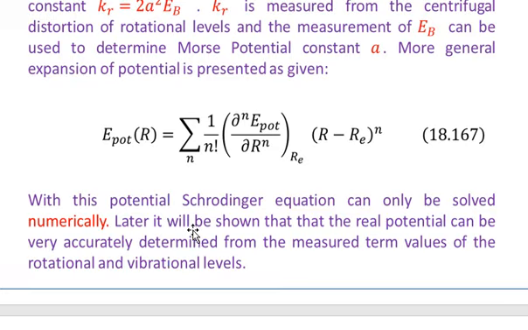With this potential, the Schrodinger equation can only be solved numerically. Now you see that an analytical solution is not possible and only a numerical solution is available.